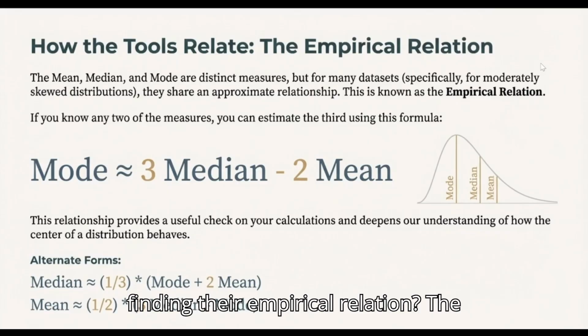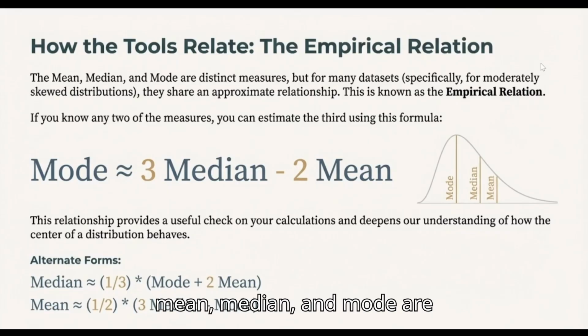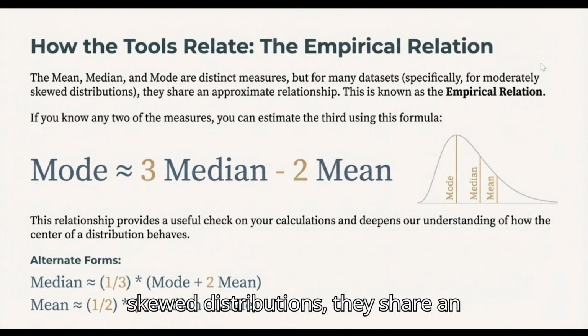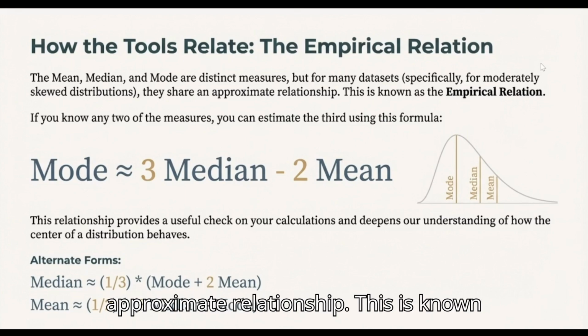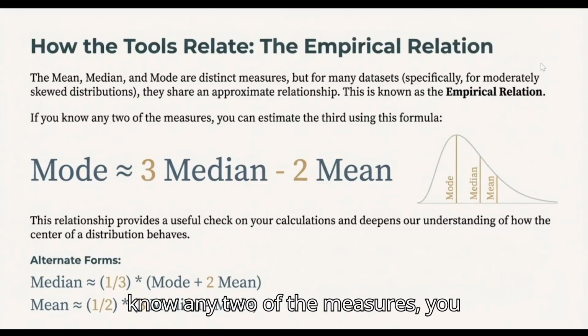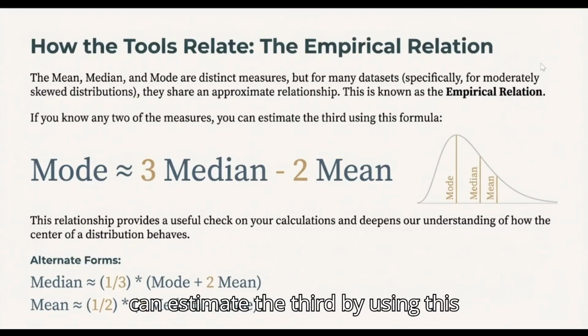How do these tools relate? Finding their empirical relation. The mean, median, and mode are distinct measures, but for many data sets, specifically for moderately skewed distributions, they share an approximate relationship. This is known as the empirical relationship. If you know any two of the measures, you can estimate the third by using this formula.